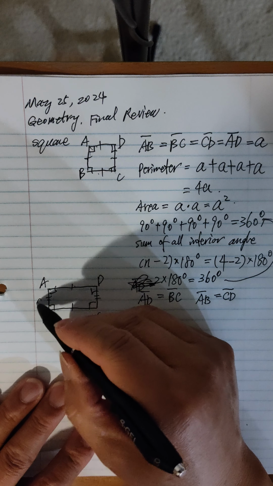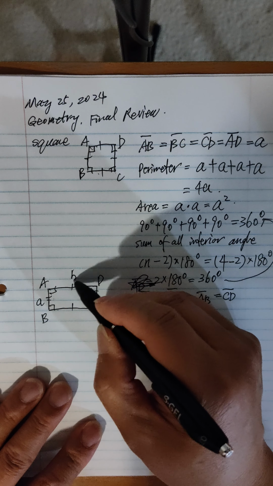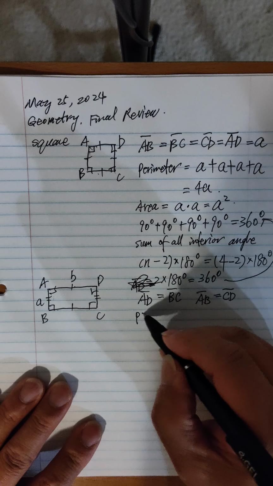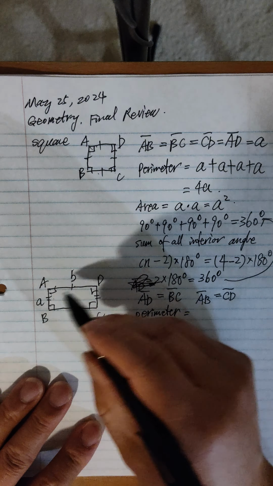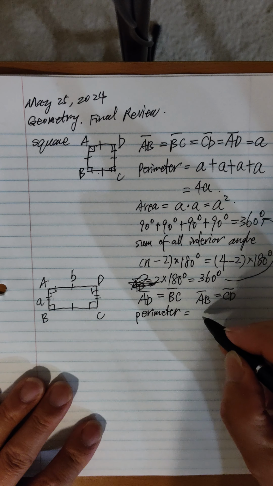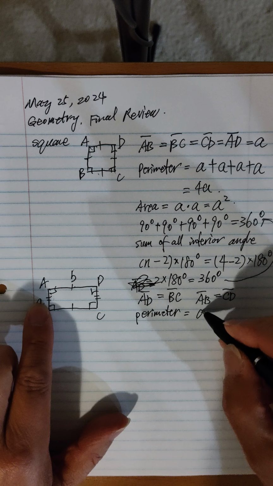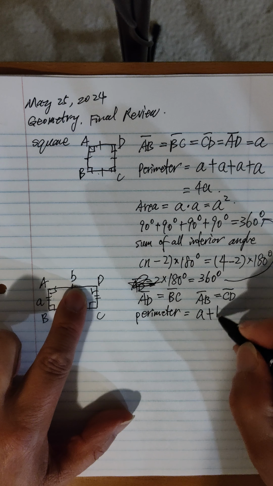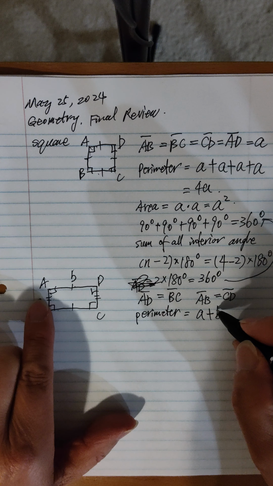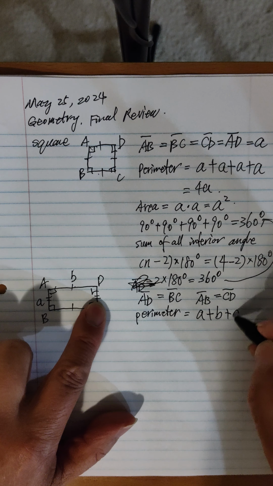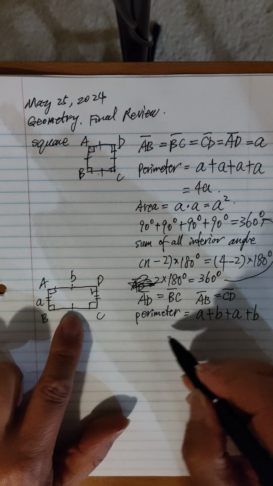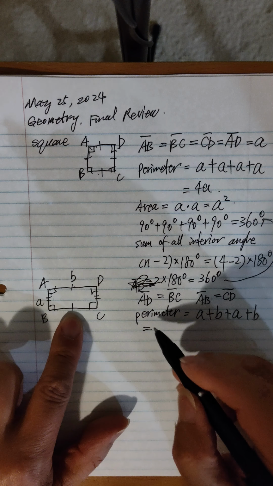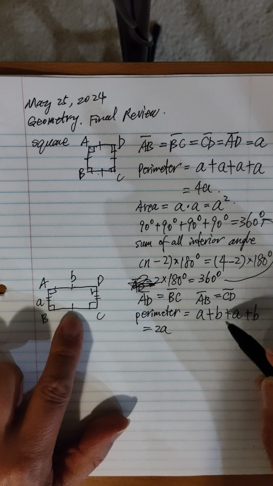Okay, let's say AB equals A, AD equals B. Then the perimeter will be the sum of all the lengths, right? It's going to be A plus this B, and since this is equal to that, this is also A, and the last BC is B. So if we count those A's, there are 2 A's.